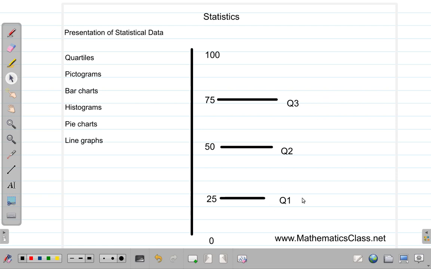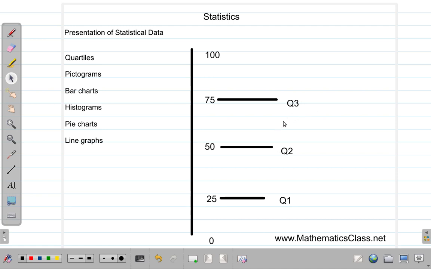So the first quartile is just about 25% or a quarter of the information of the values. The second quartile is halfway, 50%, and the third quartile is 3/4, 75%.